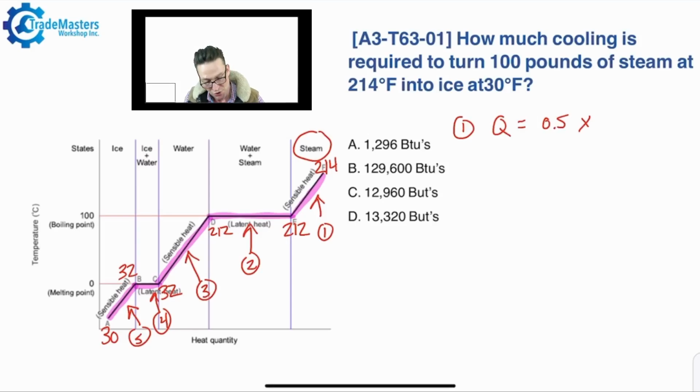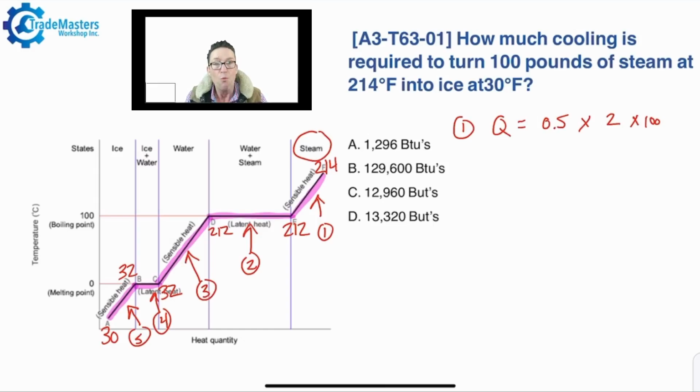And the change in temperature here is 2 degrees, right? We're going to go from 214 to 212, and that means we've got to remove 0.5 BTUs per pound of this particular amount of steam in order to get it to 212. But bear in mind, we have 100 pounds of the steam.